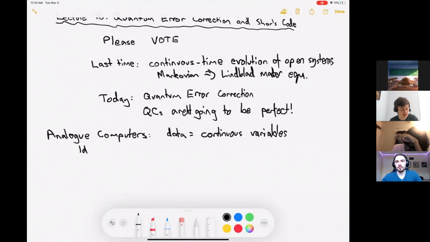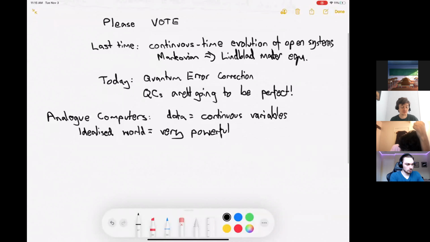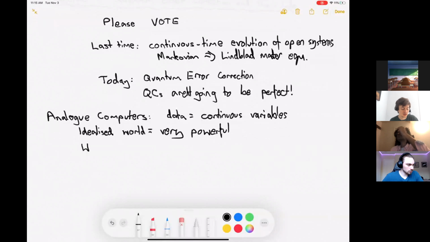Okay. And in an idealized world where you make an exact analog computer, these things are really powerful, right? You can do crazy things because a single continuous variable, for example, can formally store infinite amounts of information. But of course, that world doesn't exist.